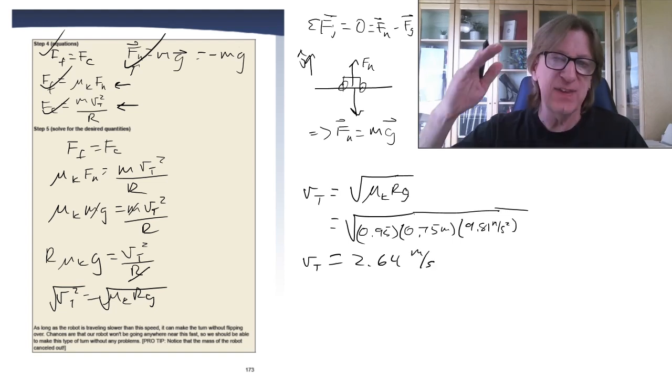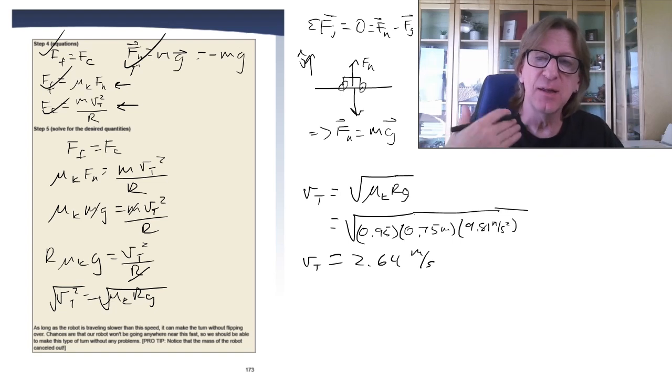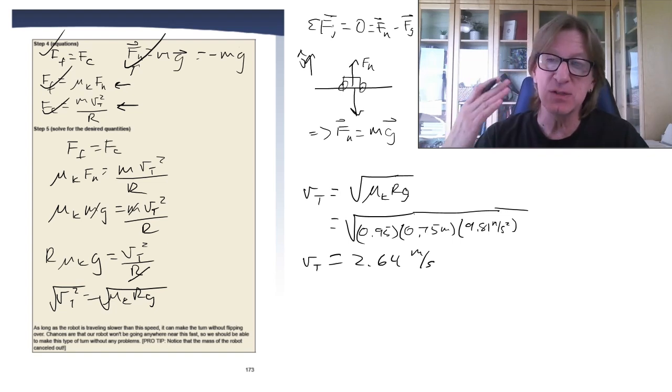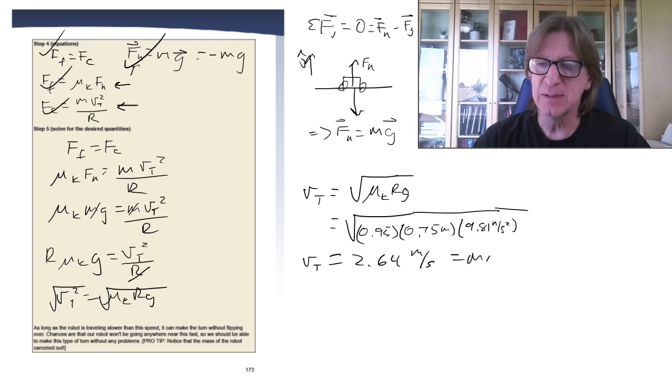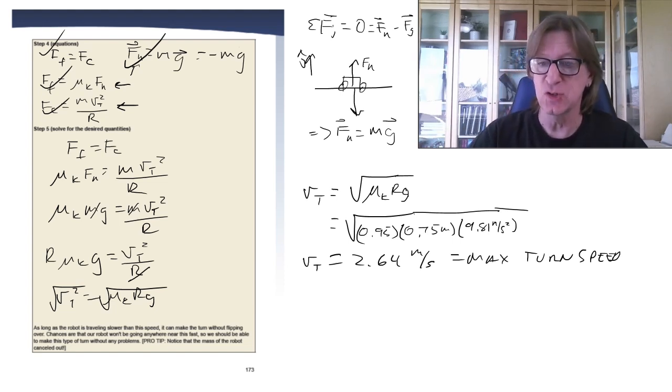Now remember, anything less than that, then my force of friction is exceeding my centripetal force, and so I'm still fine. So this then represents the maximum turn speed. So this is the maximum speed on this surface, on this 0.95 coefficient of kinetic friction surface. So, and that's going to be our final answer.